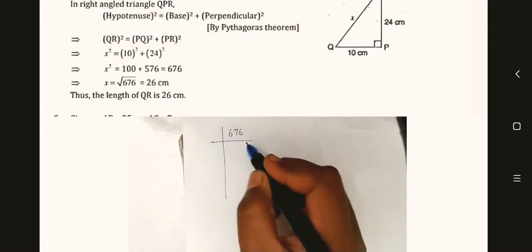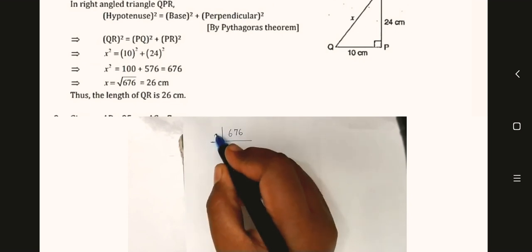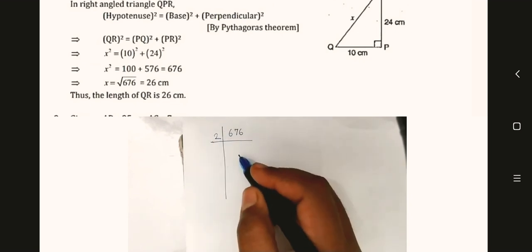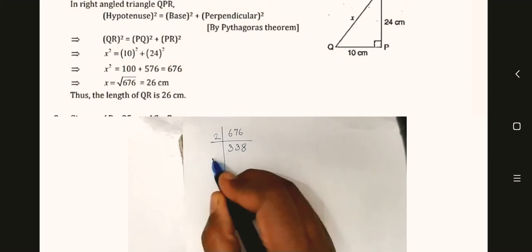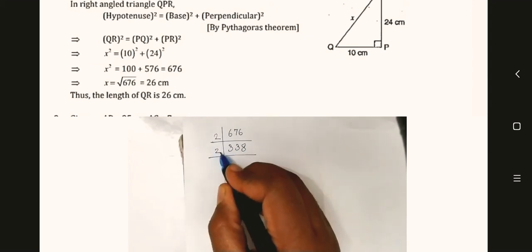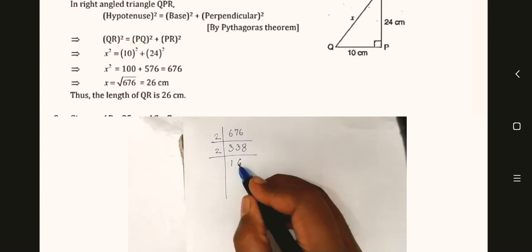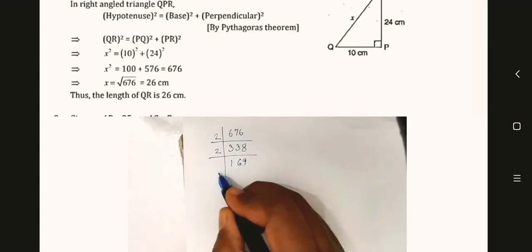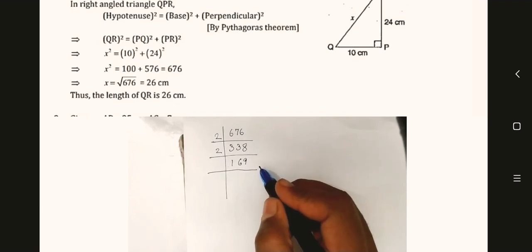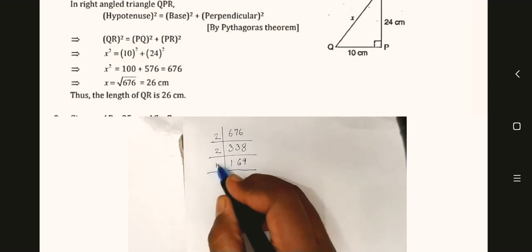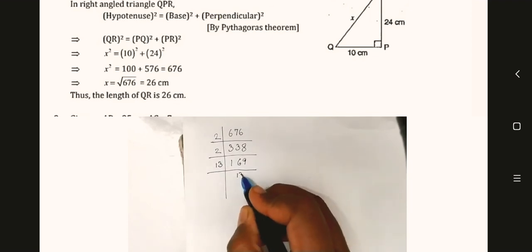So it is divisible by 2. So we'll write 2 here and we'll get the answer as 338, right? Now again it is divisible by 2 and then we'll get 169, right? So 169 is not divisible by 2 or 3 or 5 or 7. It is directly divisible by 13, right? So here we'll get it as 13.